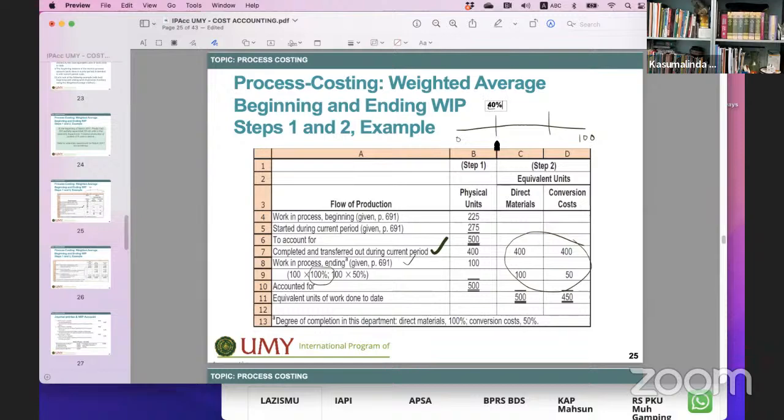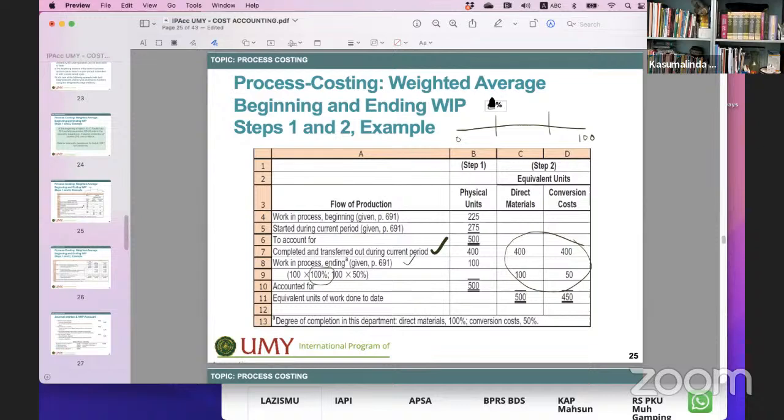When the process is 40% complete here, automatically we know that 40% of the conversion cost has been incurred. Why do I say that? Because of the assumption that we used earlier, where the conversion costs occur uniformly throughout the process.